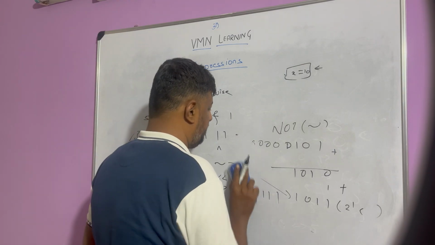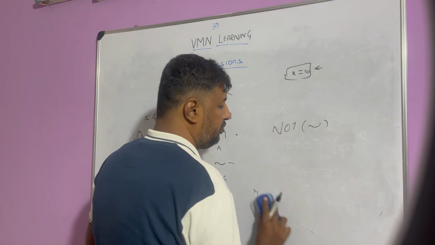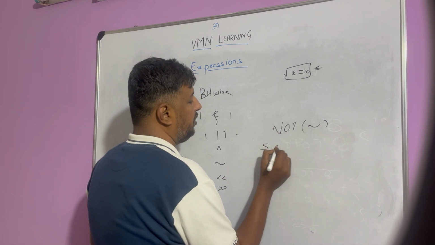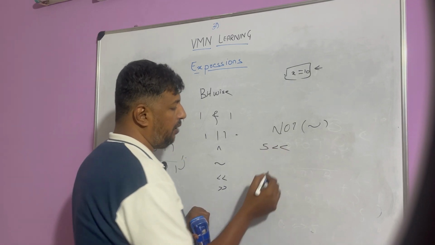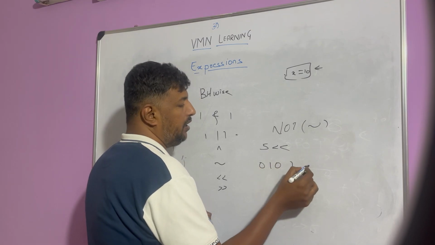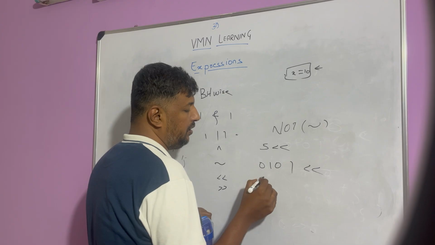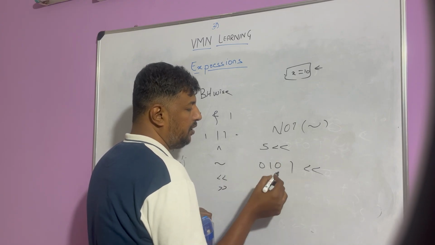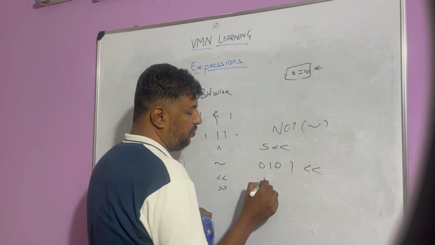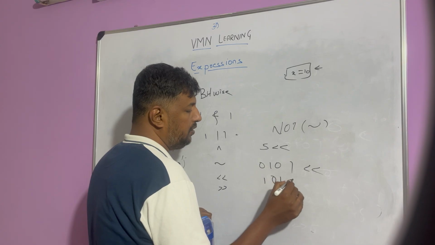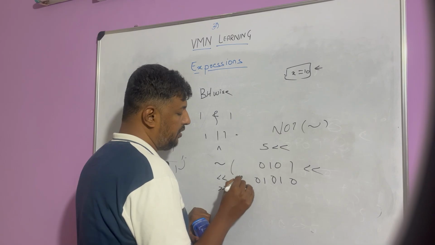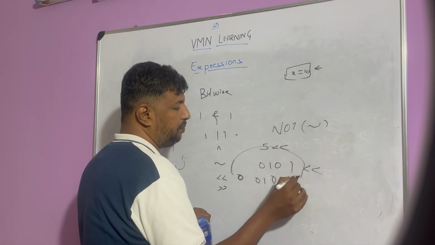Now the shift operators. Left shift, right shift. Let's say 5 left shift. What will happen is, initially the 5 value is 0, 1, 0, 1, right? With the left shift, it will shift, and here it becomes 1, 0, 1, 0. The 0 will move from the last end and come here.